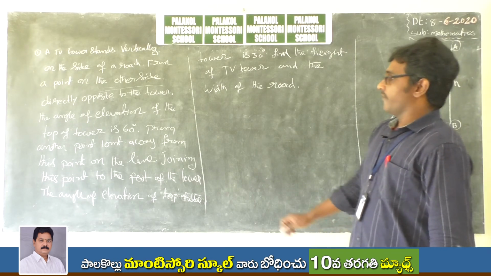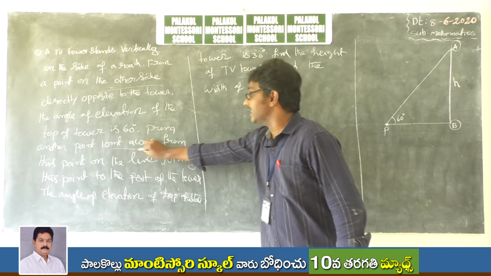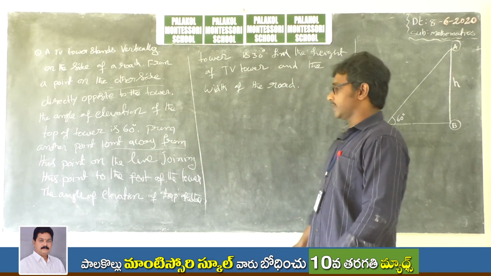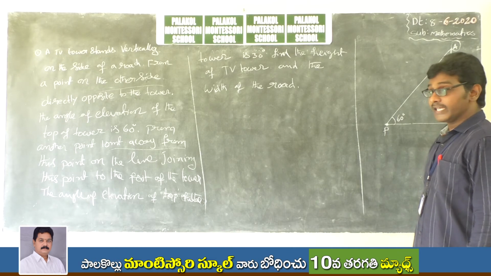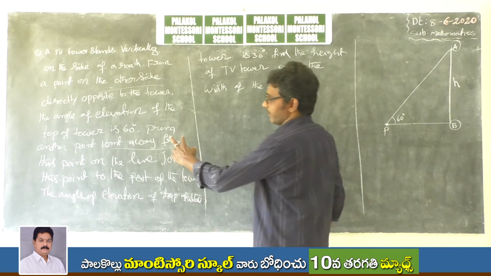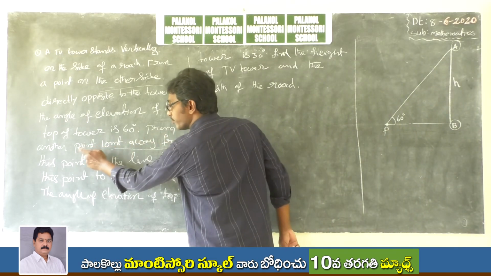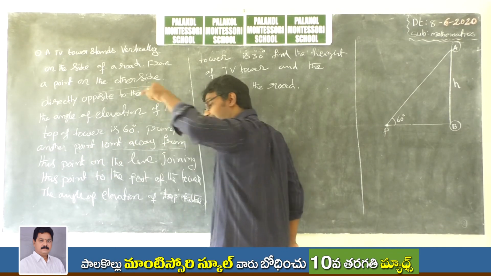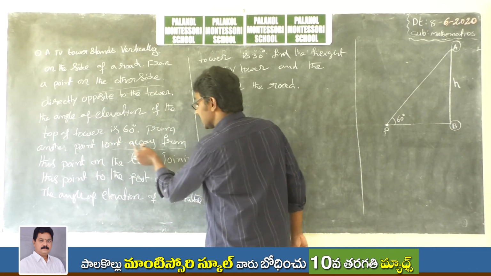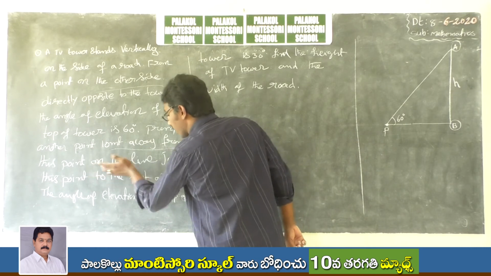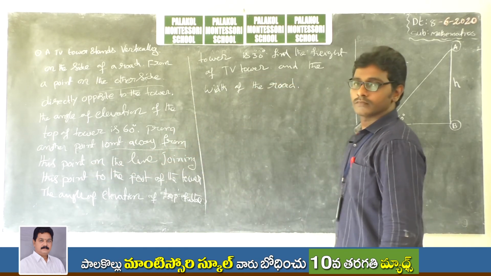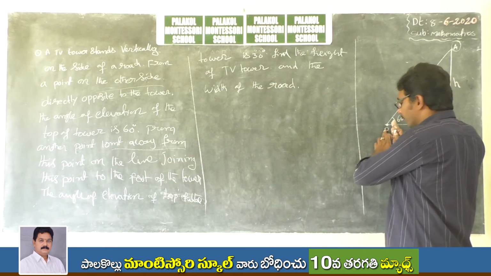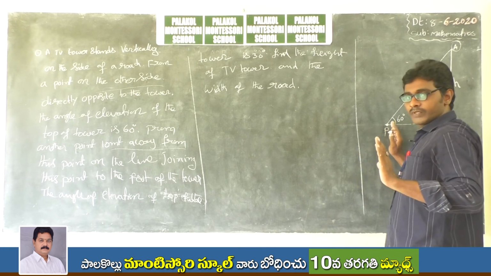And from another point 10 meters away from this point, on the line joining. So P point is fixed.